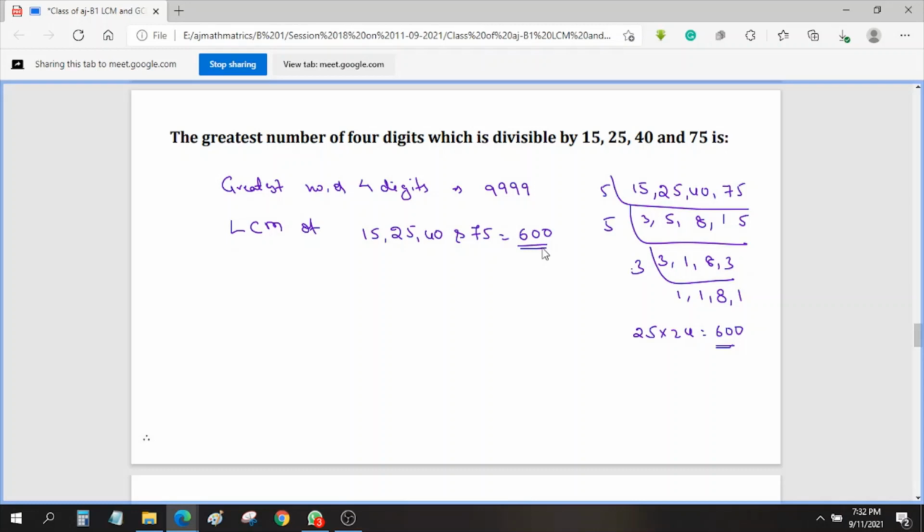If it is divisible, that is the number which is divisible by all these numbers. Okay, so any number divisible by 600 is surely divisible by all of these, because 600 is a common multiple.